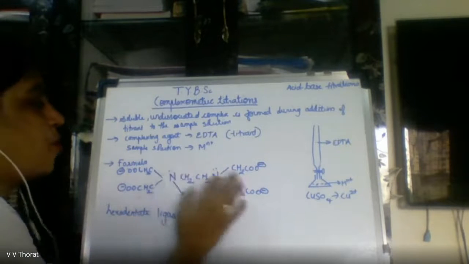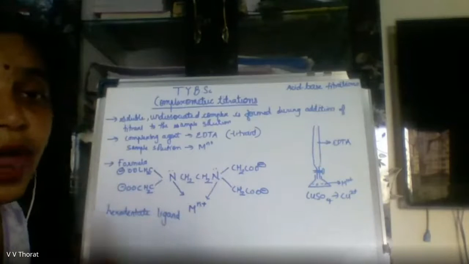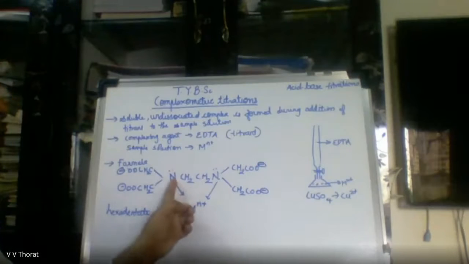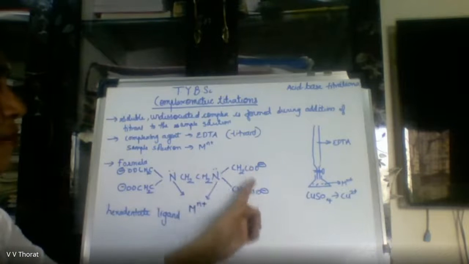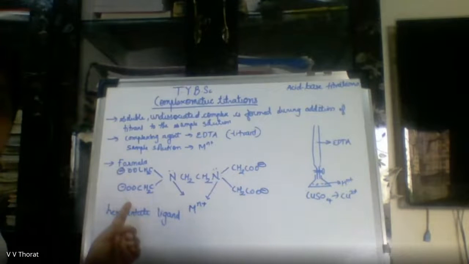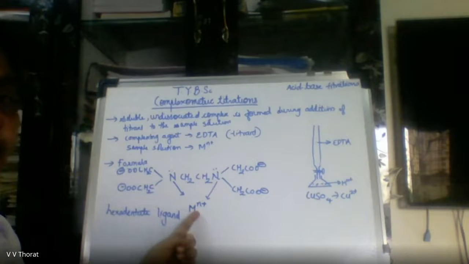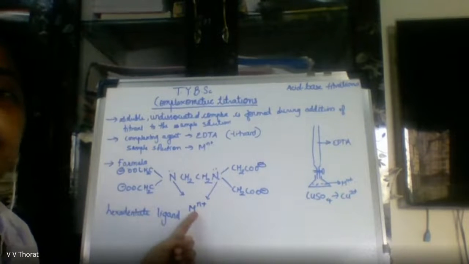Through dash number of atoms. How many atoms? Six. Which atoms? Ma'am, CH2, CH2, and N. No, no, it will coordinate only through two nitrogen atoms and four oxygen atoms. That is why we say it coordinates to the metal ion through six atoms.